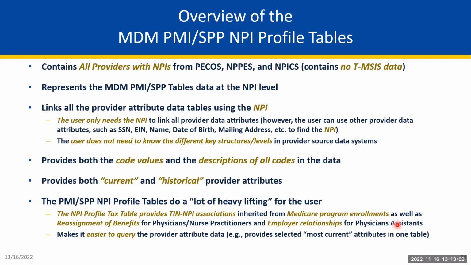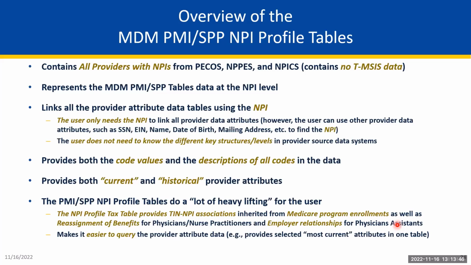Another thing I want to bring to your attention is a difference between the comprehensive PMI SPP and the NPI profiles: the common code reference table. When working with the comprehensive PMI SPP tables, in order to get the code and descriptions of a particular record, you have to join with the common code table. But in the NPI profile tables, the values and descriptions are already in the table, so there is no need to join with the common code table.